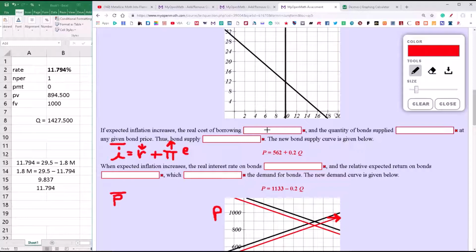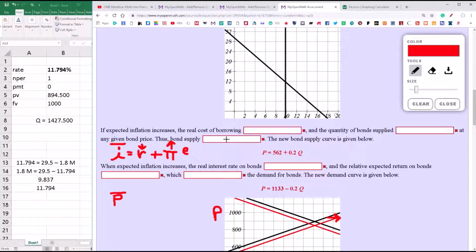So if you're supplying bonds, right, you're borrowing, and when the real cost of borrowing falls, you want to borrow more money, right? So the quantity of bonds supplied increases at any given price.